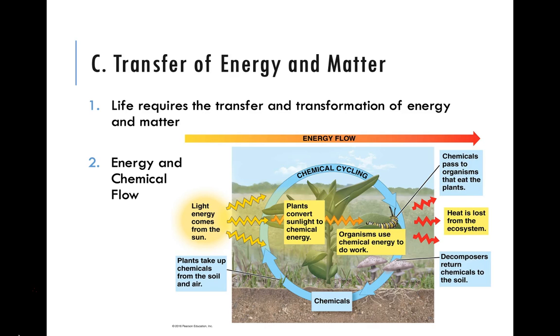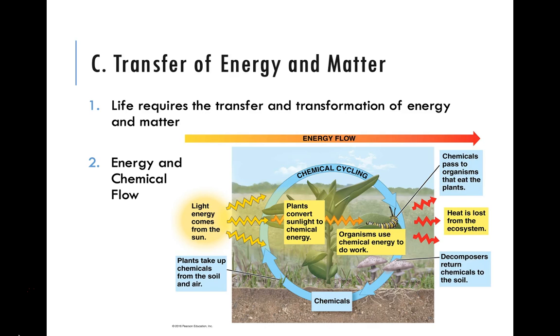Living organisms also transform matter, move matter around an ecosystem, and we'll think of this as chemicals. If we look here, we see this blue circle of chemical cycling. This is showing plants absorbing nutrients from the soil. They are incorporating it into their cells, into their tissues, into their organs.